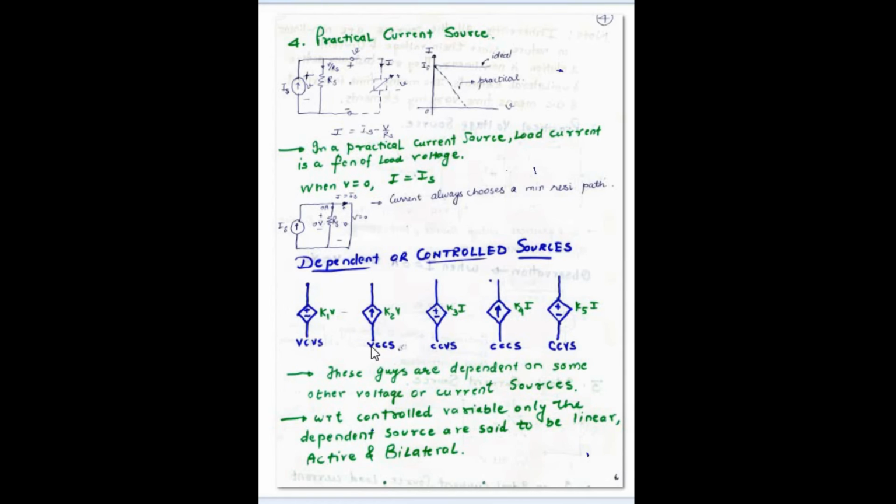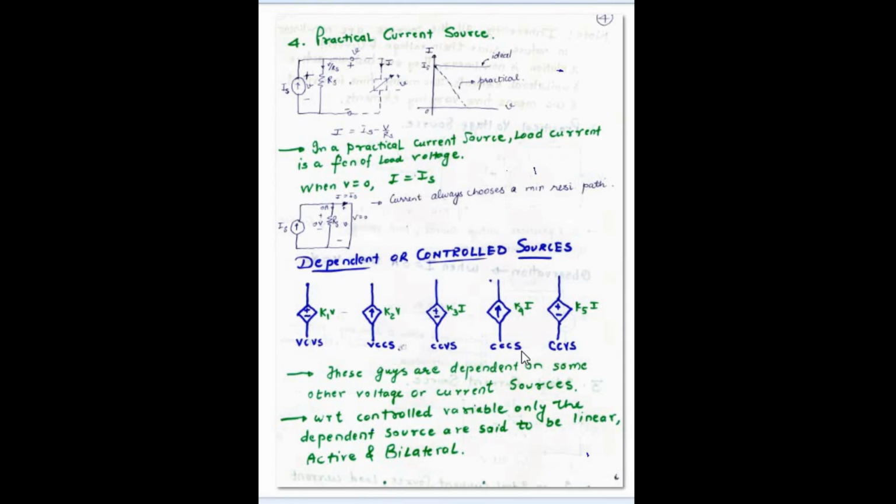Same here, it is a voltage controlled current source. This is a current source, but it is controlled by a voltage element. Some independent voltage element is controlling this particular element. This is a current controlled voltage source. It is a voltage source, but it is controlled by a current source. Some independent current source is controlling this voltage source.